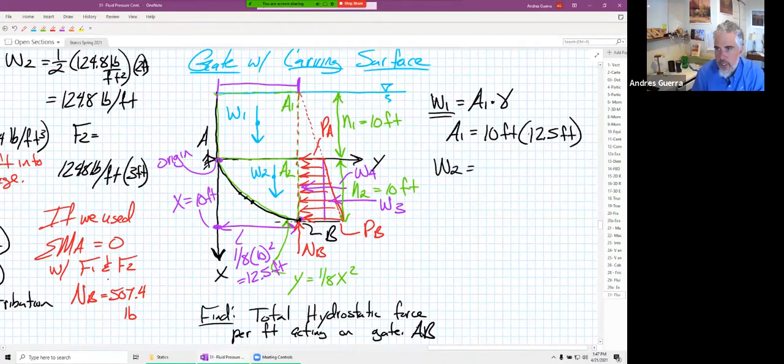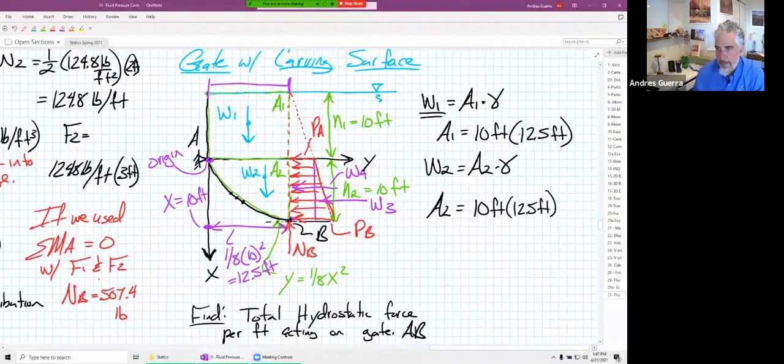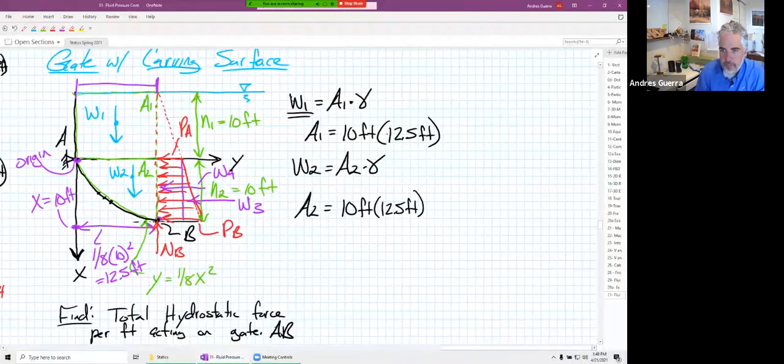W2 is going to be A2 times gamma. A2 is equal to 10 feet times 12.5 feet, minus the integral of 1/8 x squared dx from 0 to 10.